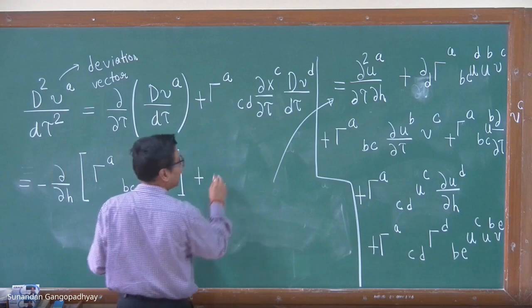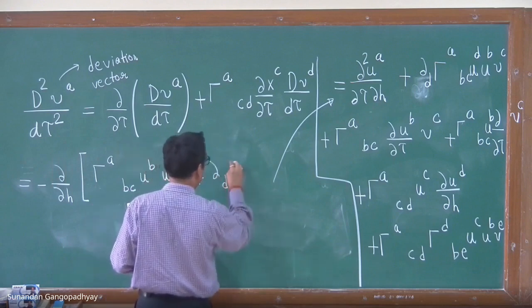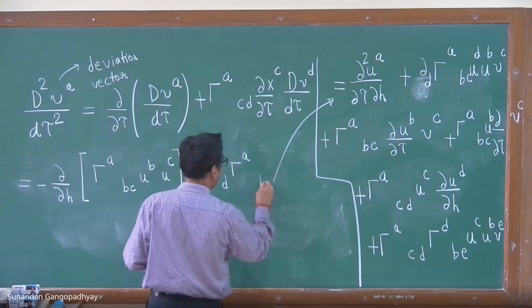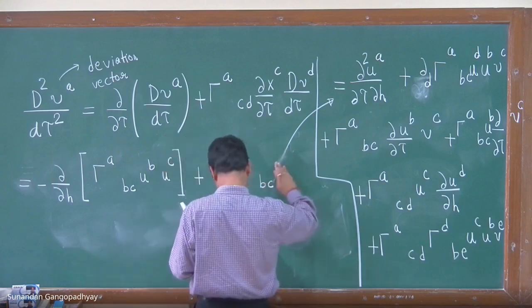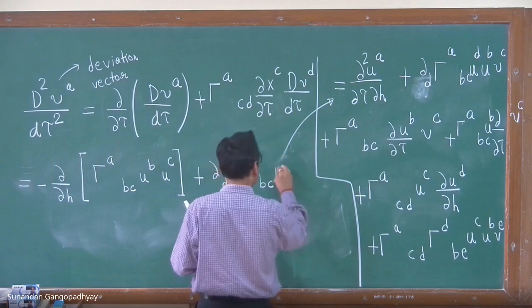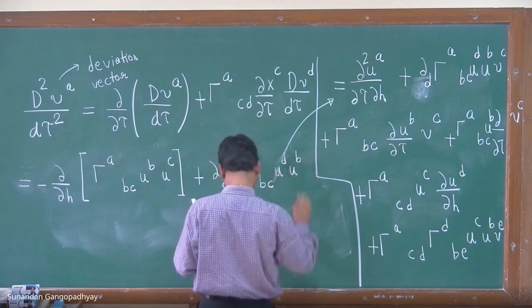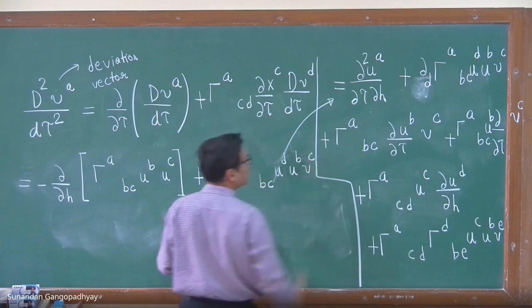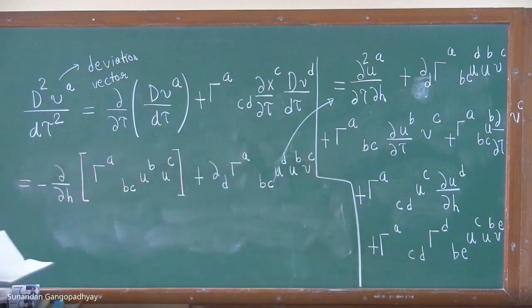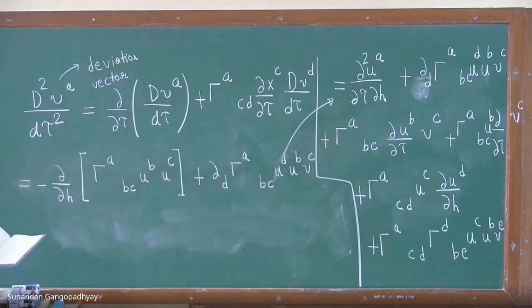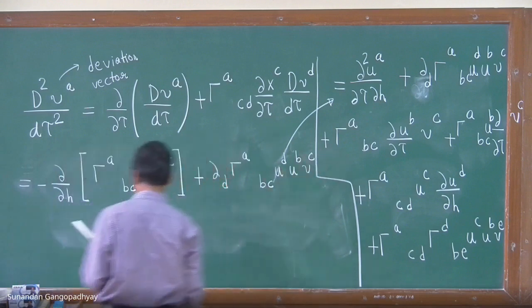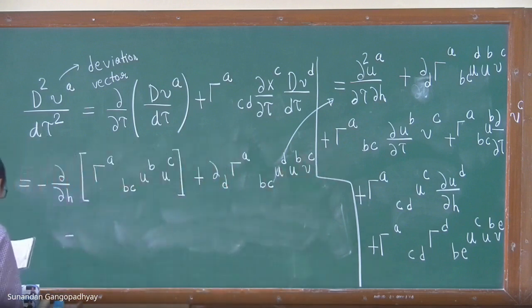Plus del B gamma A BC UB UC. That is the second term. In the first term, we have used the geodesic equation. Now we shall use the geodesic equation in the third term also. Here we have another minus sign.